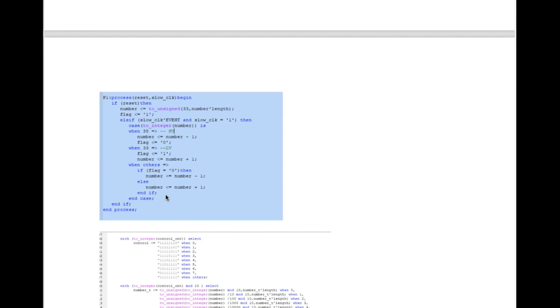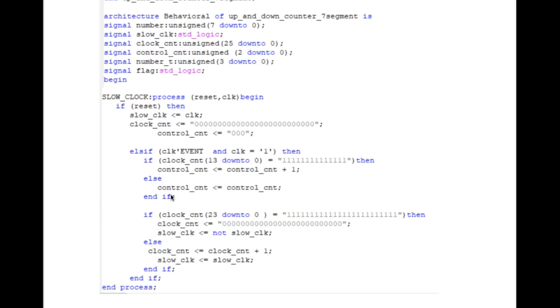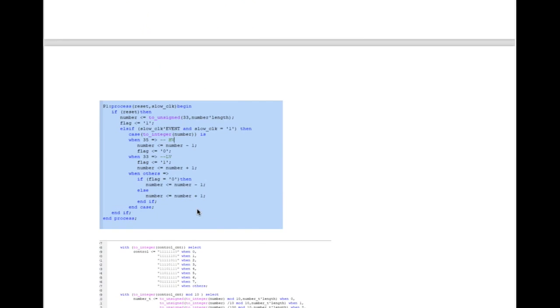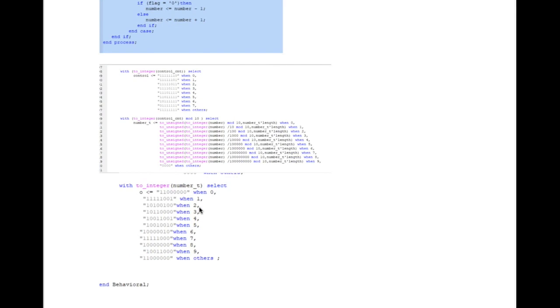So 45 is my high value, 43 is my low value. This part is the same as lab 2. I will implement a decoder to decode the output number from the counter into 7 segments, and I also will implement a selector to select different 7 segments to display.